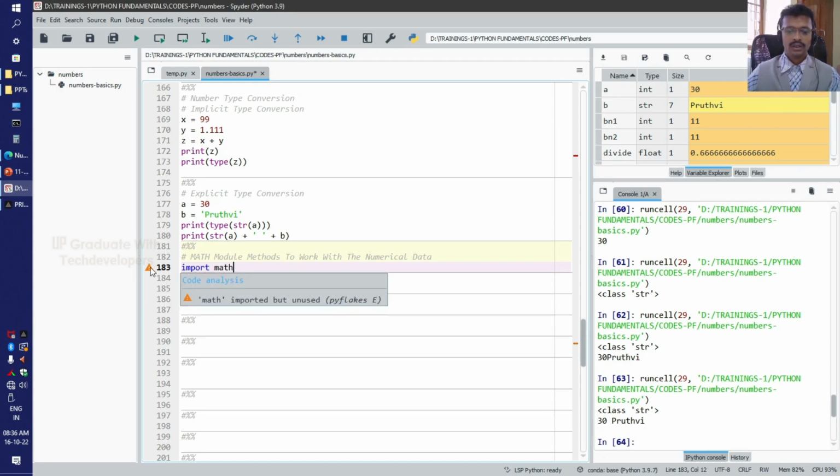Let's see what is the error. Math imported but unused. Okay, we can import this module as an alias name. For example, here I am using m.